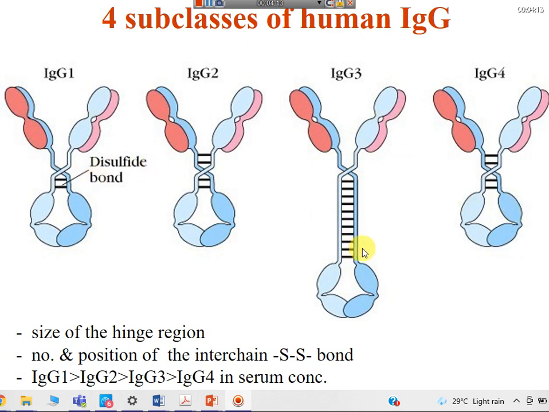You see that the hinge region is the longest in IgG3. And for serum concentration, you can easily remember the same order: IgG1 is most abundant, and then their concentration gradually declines in the serum. So now you know that these IgG classes differ in their hinge region, and in the length and number of the disulfide bonds that they have.